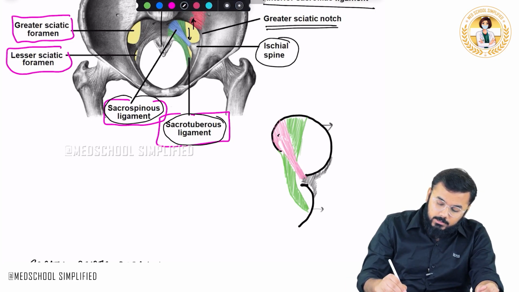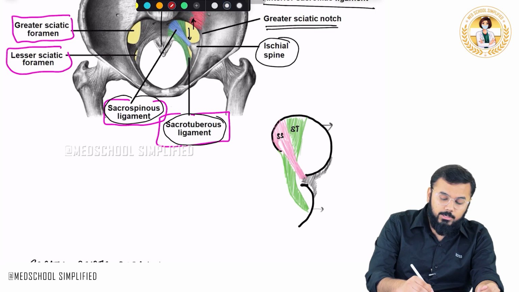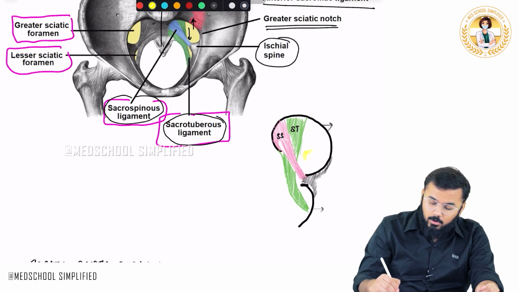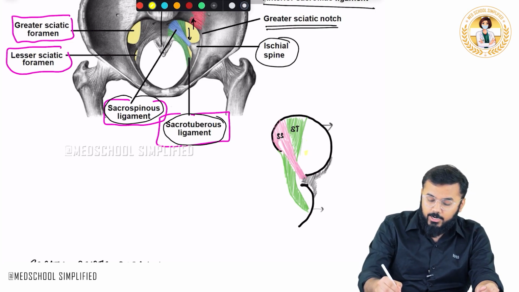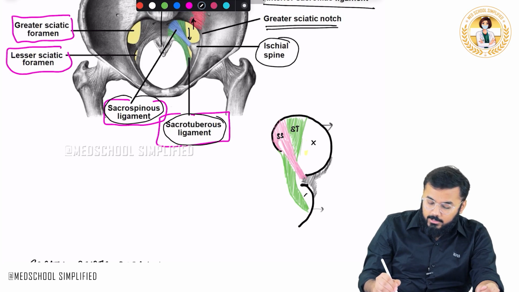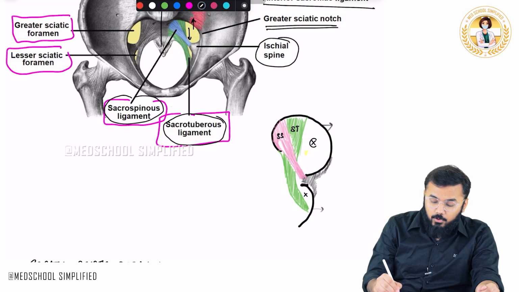This is sacrospinous, this is sacrotuberous ligament. And now you see two important notches. What are those two important notches? This one is your greater sciatic notch. This is your lesser sciatic notch. This is your greater sciatic foramen, and this is your lesser sciatic foramen.